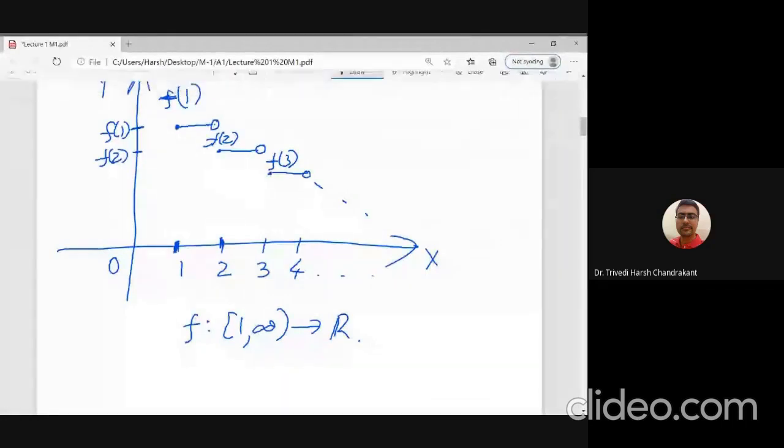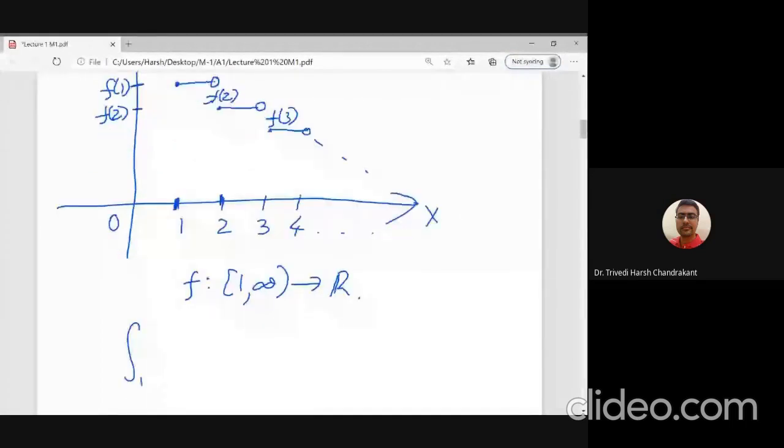So the question is, what will be the integration of f(t) dt in this case? That is basically the area below this function over the interval 1 to infinity.